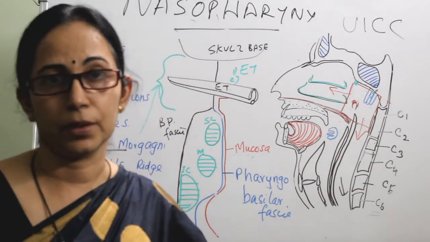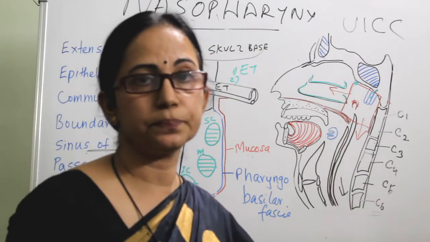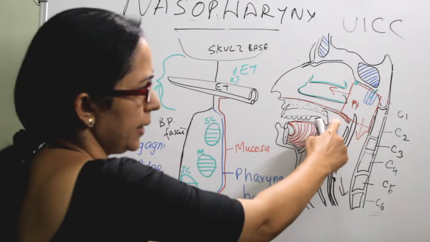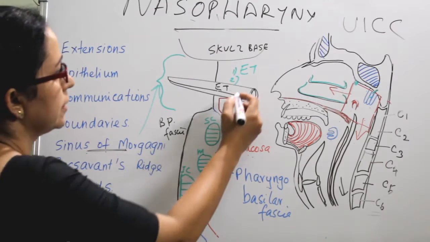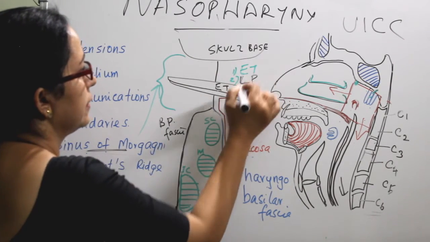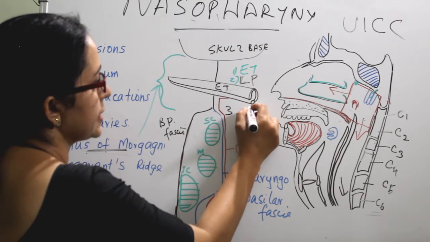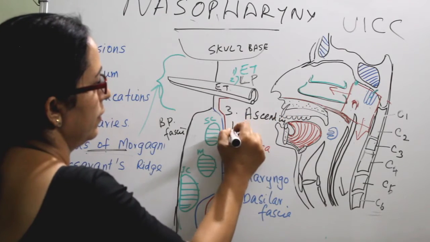The cartilaginous part of the Eustachian tube, along with the levator palati muscle, and third is the ascending palatine artery, which is a branch of the facial artery.